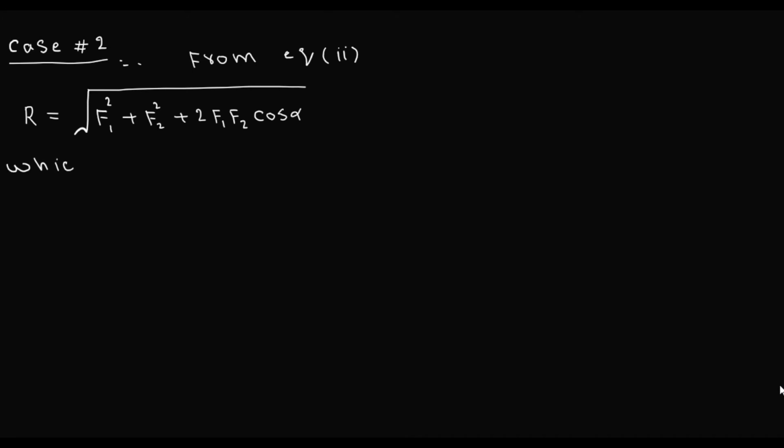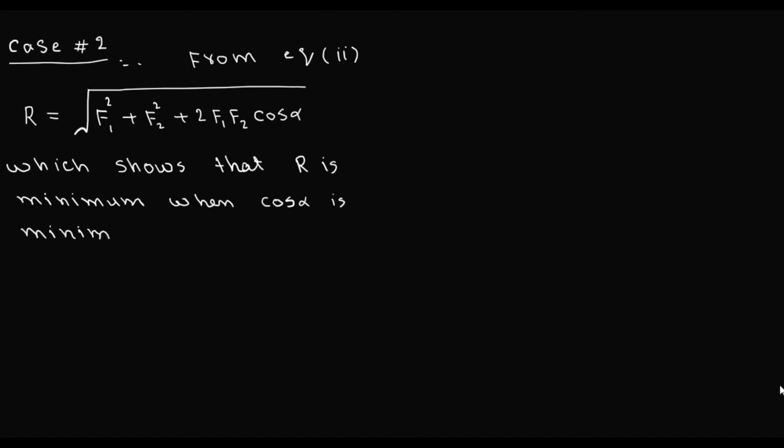We want to find the minimum resultant, which depends on the value of cos alpha. So what should the value of cos alpha be?